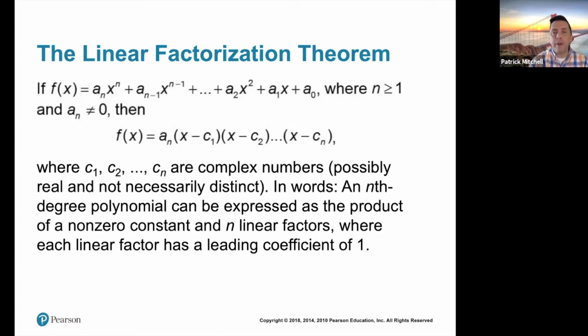Some of these complex zeros might have multiplicity greater than 1. So it's just saying that you can factor any polynomial completely using complex numbers.